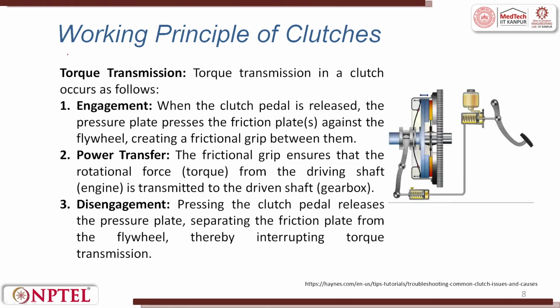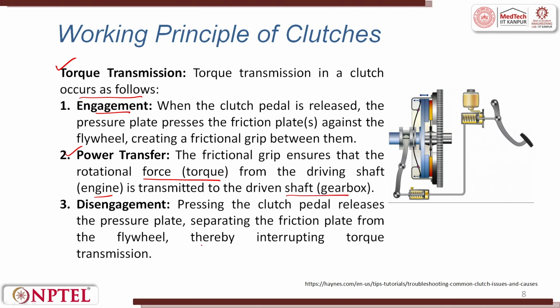Second point is torque transmission. Torque transmission in a clutch occurs as follows: engagement. When the clutch pedal is released, the pressure plate presses the friction plate against the flywheel, creating a frictional grip. Power transfer is when the frictional grip ensures that the rotational force, that is the torque from the driving shaft, that is the engine, is transmitted to the driven shaft, that is the gearbox.